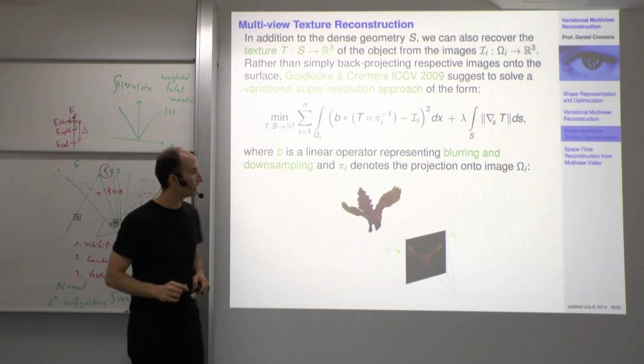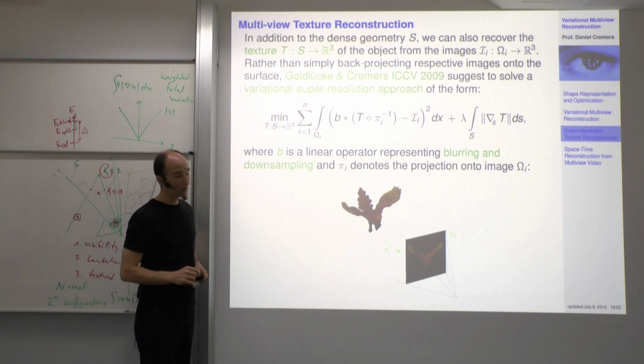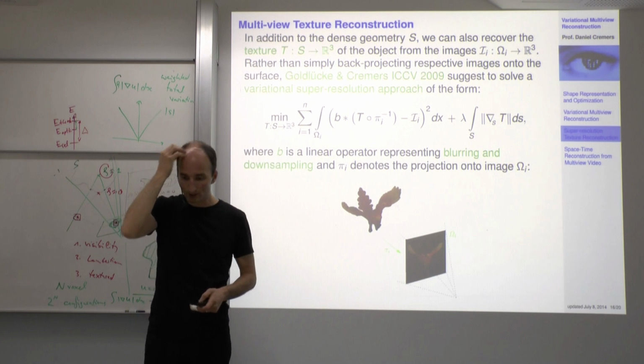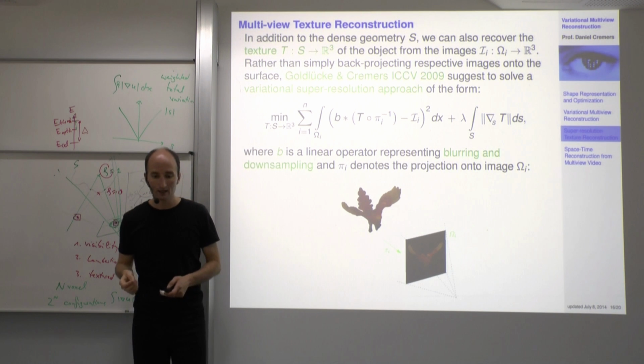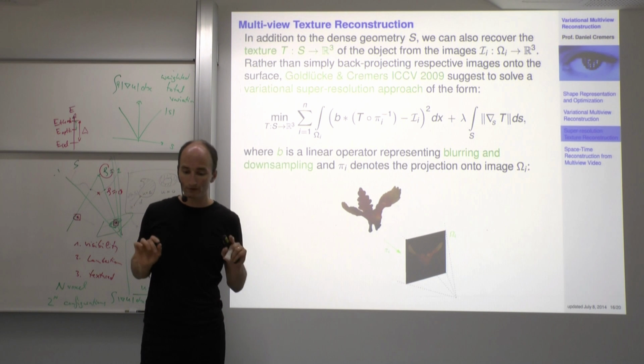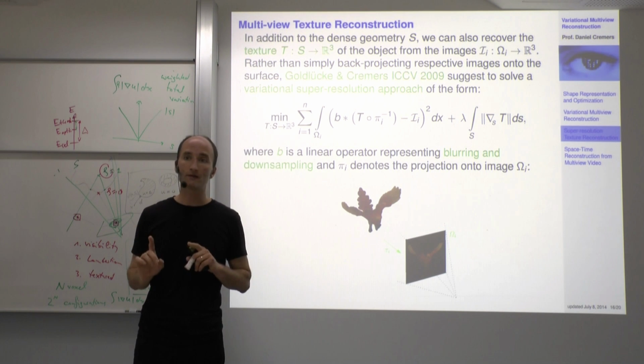So now, how do we estimate the color? What I'll show today, in this class, is an approach that we proposed in 2009 to estimate the color on the surface, and we assume for this approach that we have the geometry.